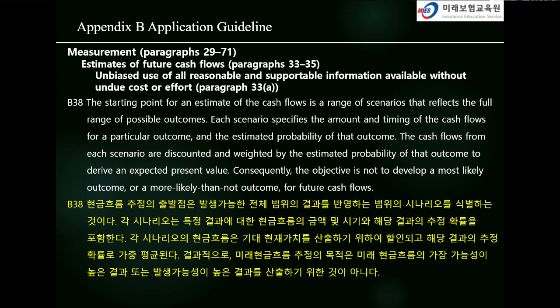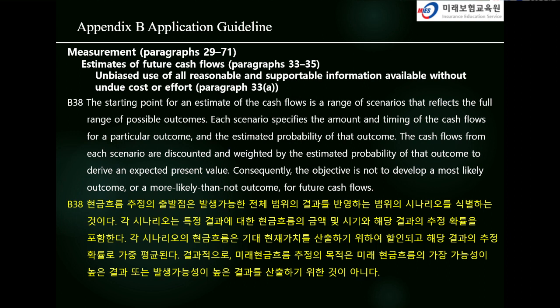And then B38 is very, very detailed, okay? The estimated future cash flow starting point is a range of scenarios that reflect the full range of possible outcomes, okay? And the second sentence tells you what kind of structure your actuarial model needs to generate the full range of scenarios.